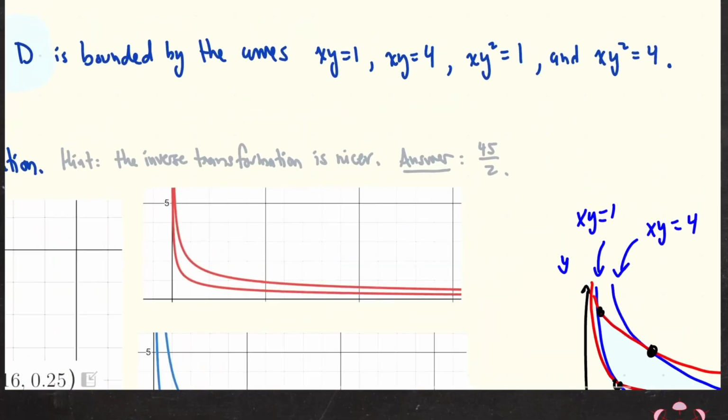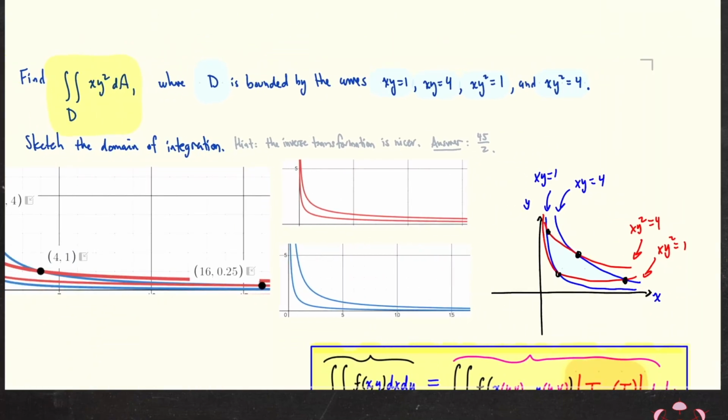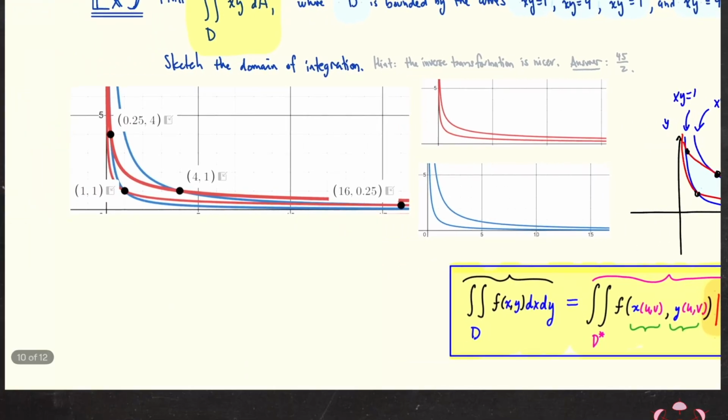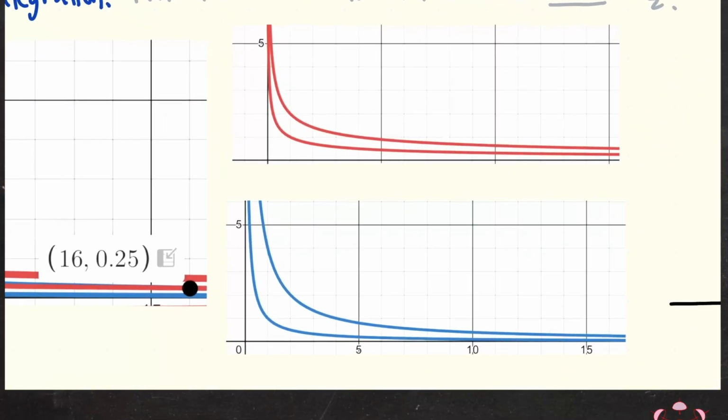So I've got the following curves: xy equals 1, xy equals 4, xy squared equals 1, xy squared equals 4. Since these curves are a little bit trickier, I've provided a sketch of the curves here for us.